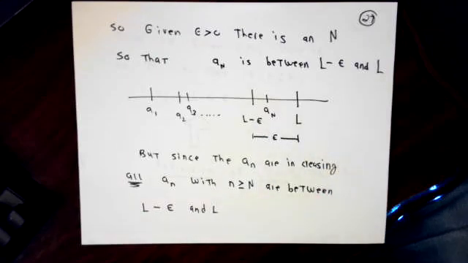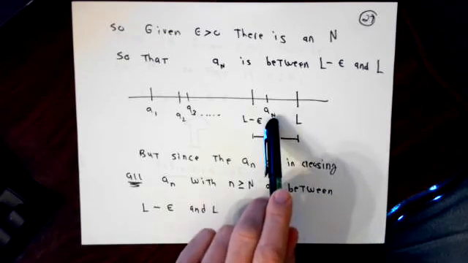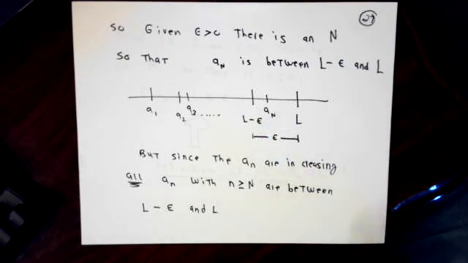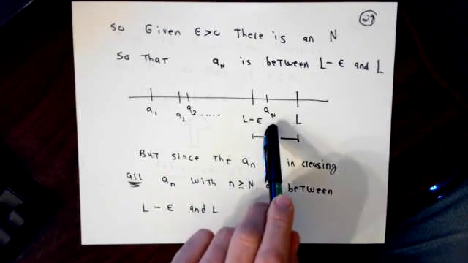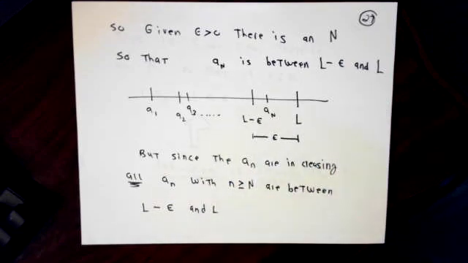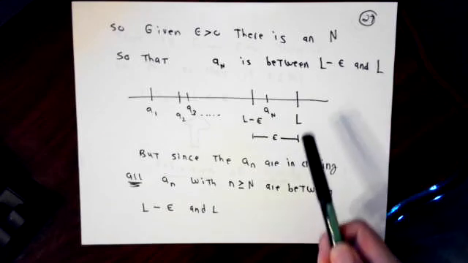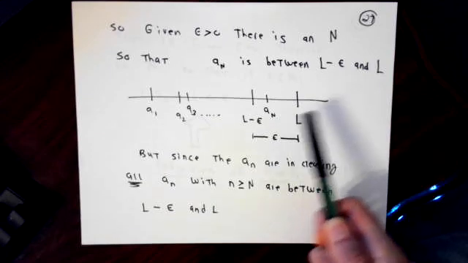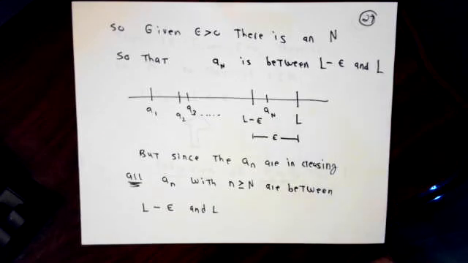On the other hand, if you look at any a sub n with an index bigger than this one, you're going to get a number that's bigger than a sub n because the a sub n's are increasing. It can't go past the L, because L wouldn't be an upper bound in that case.